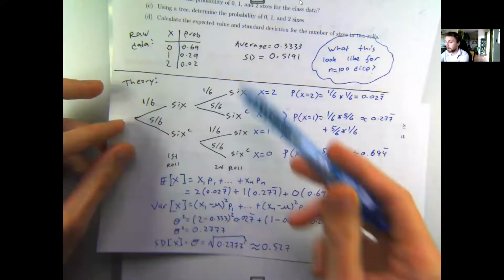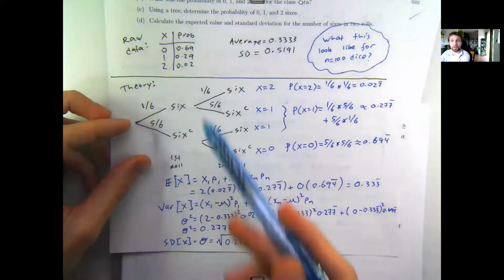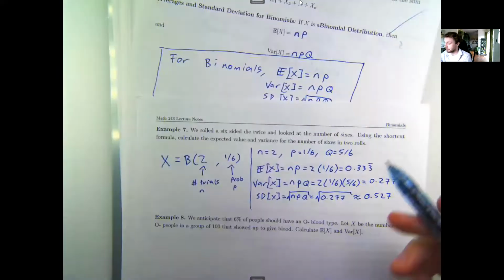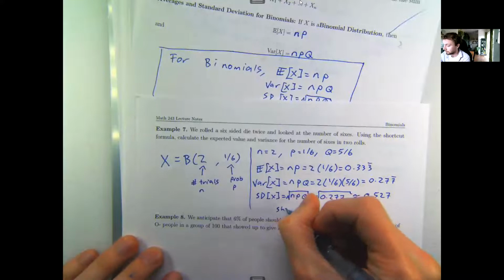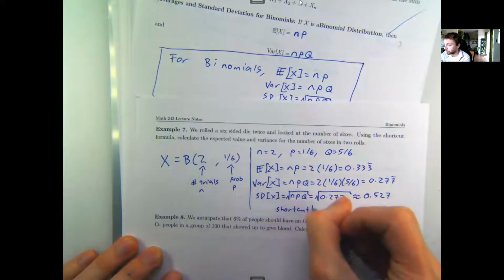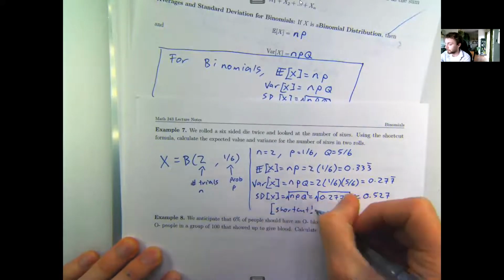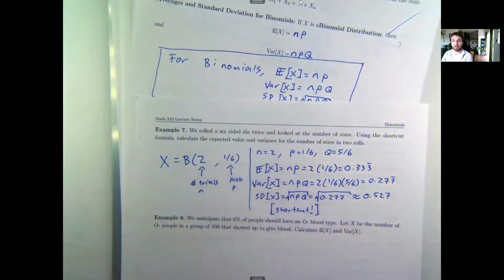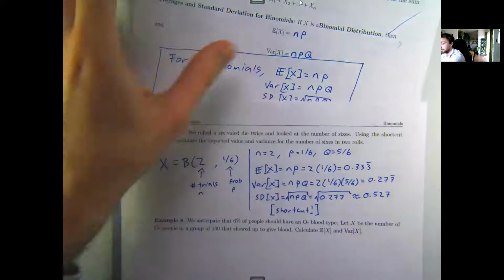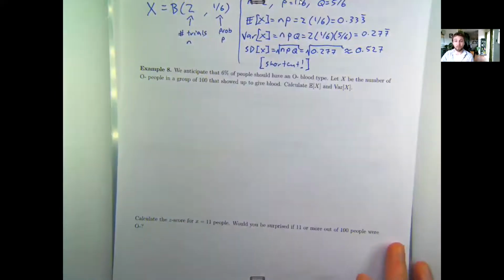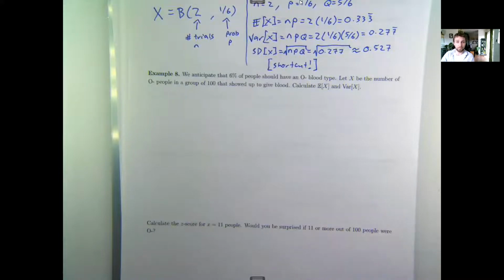So now I have the raw data way of doing it, the theory way of doing it, and I'm adding to that a shortcut way of coming up with the same result that takes me seconds instead of minutes. And in some extreme situations, I probably wouldn't even want to think about that tree.